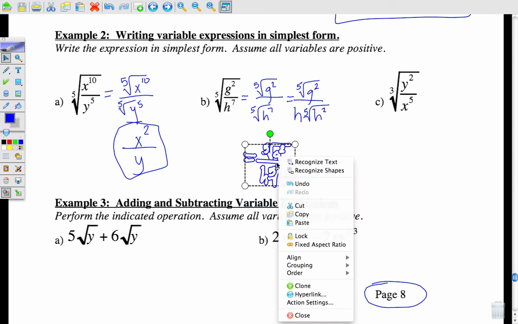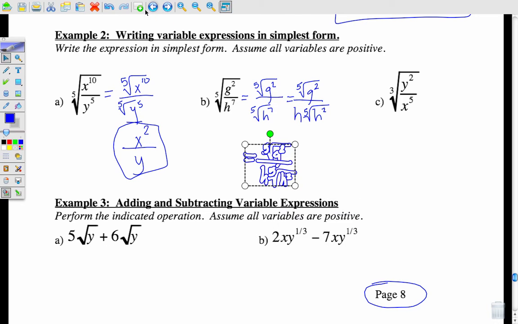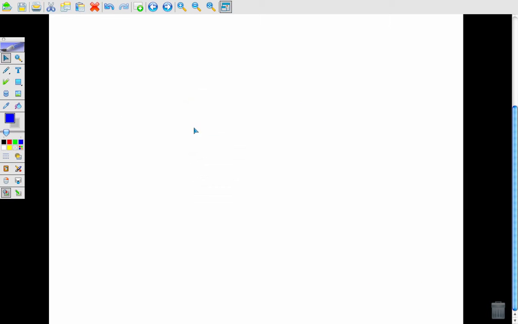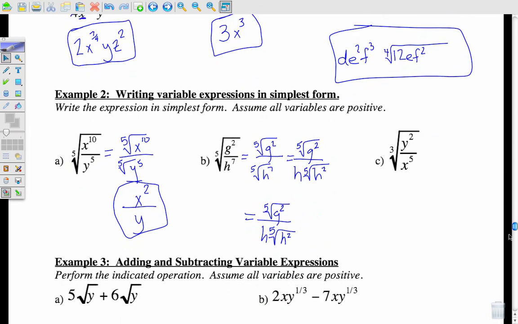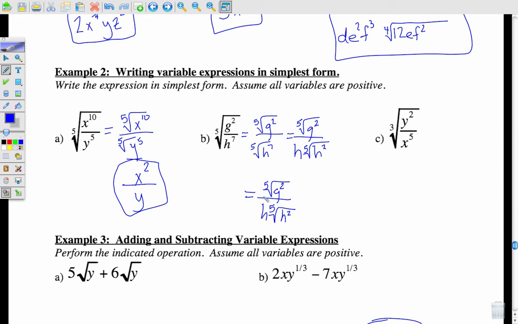I'm going to take this to another page to give myself a little bit more room here. All right, I got to take care of this h squared. I'm going to multiply this by the 5th root of something.